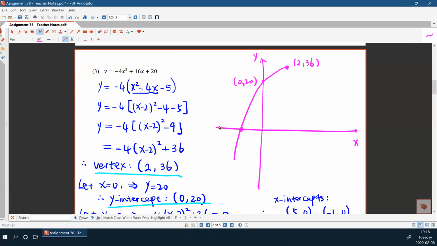And this is an x-intercept, -1, 0. And the other x-intercept is here, which is 5, 0. Again, apparently this is not to scale. As long as you keep all the elements in their correct relative positions, you'll be fine, okay? And this is the axis of symmetry, which is x equals 2. Then let's label the expression of the function next to its curve.